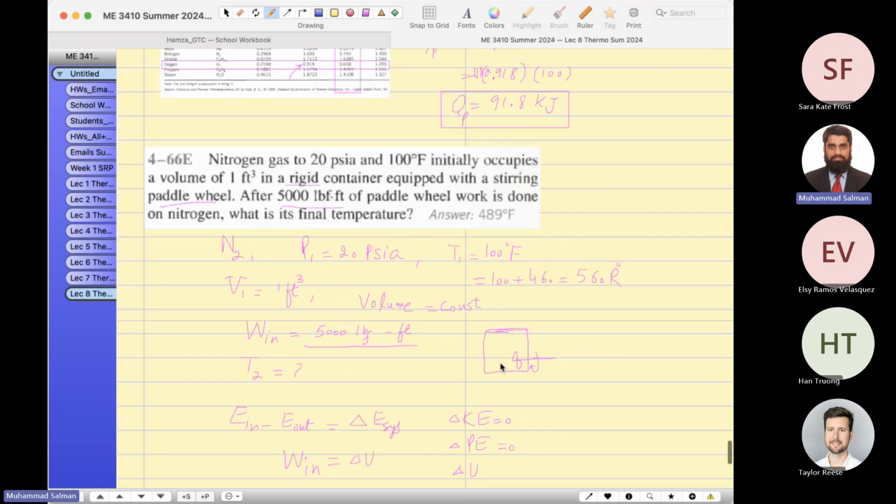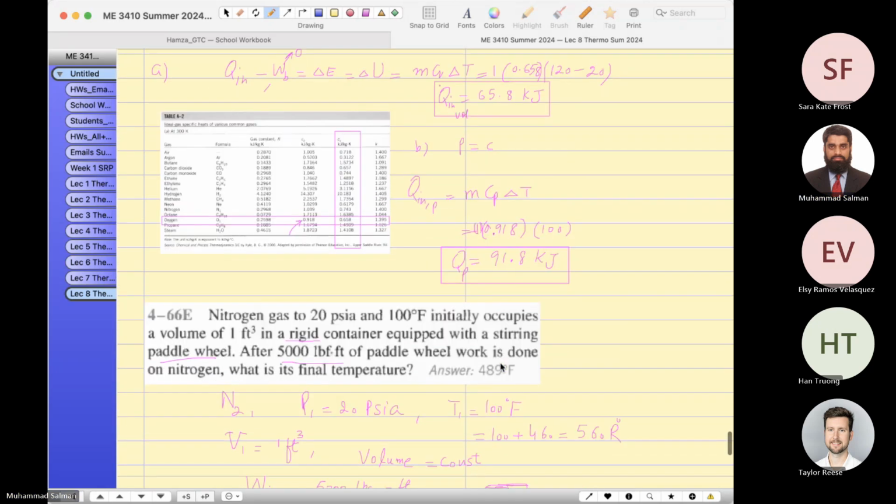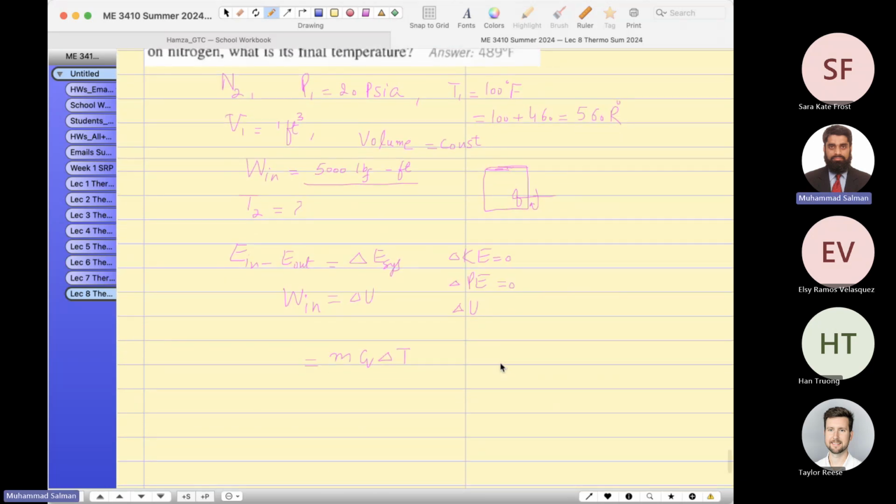Let me take a look here. If we go to the table, let me write down the Cv value from the table. Open the table here, specific heats.